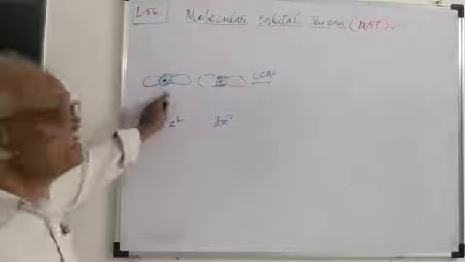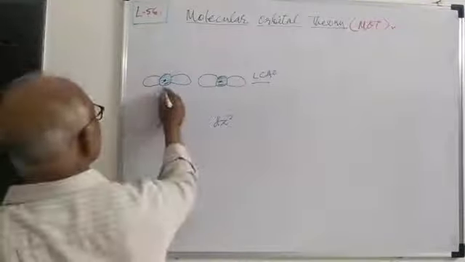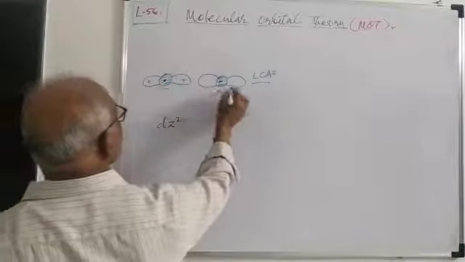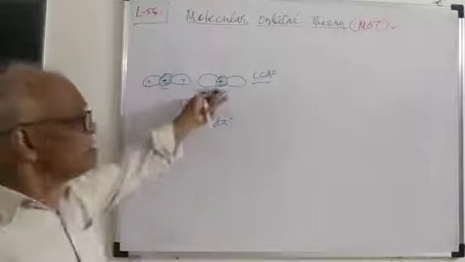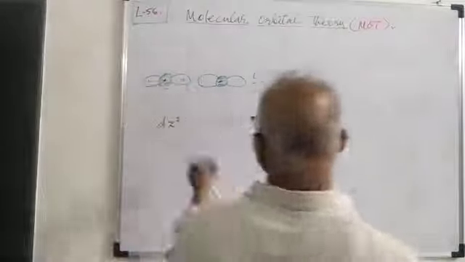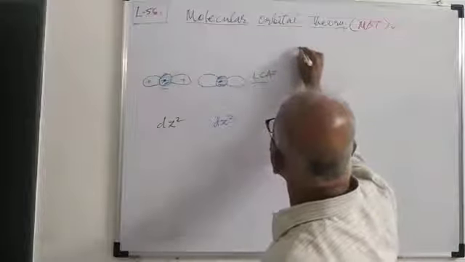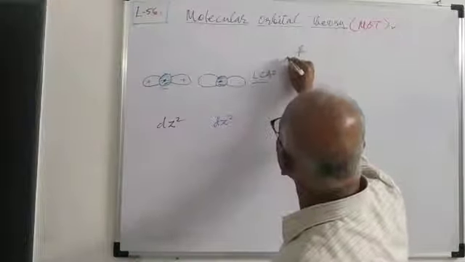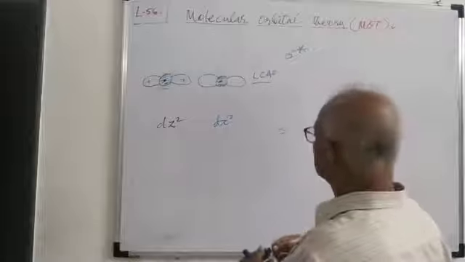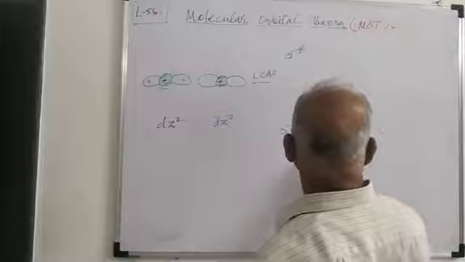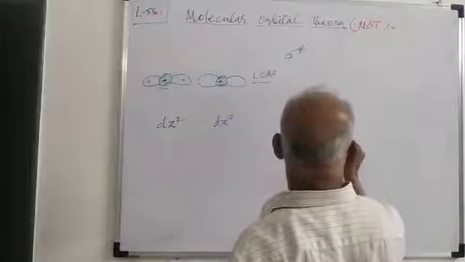These shaded wave functions represent minus sign of wave function, and these are representing plus signs of wave functions. So same is the case here also. So this will give us the sigma bonding molecular orbital and sigma star, that is antibonding molecular orbital. So first of all, we will see how these are shown here.